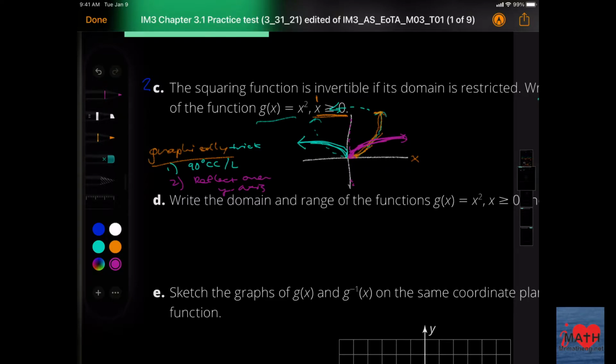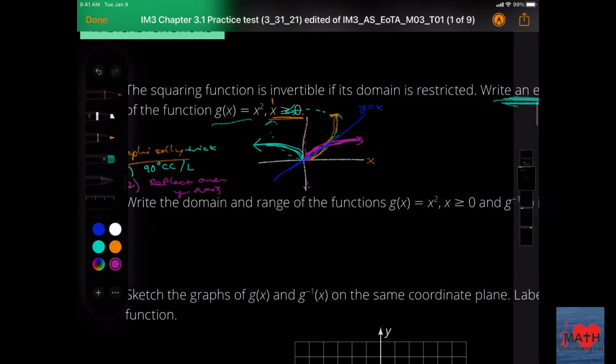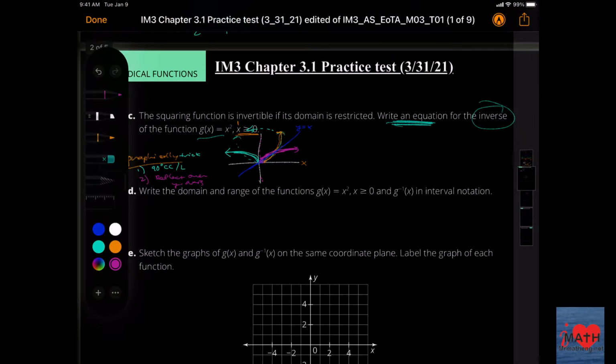And I want to point out the big idea of why we do this trick and why it works: across this blue line, this is y equals x. We're switching the y's for the x's here. And so that pink graph, to answer our question, what is the equation? You could say something like the inverse.